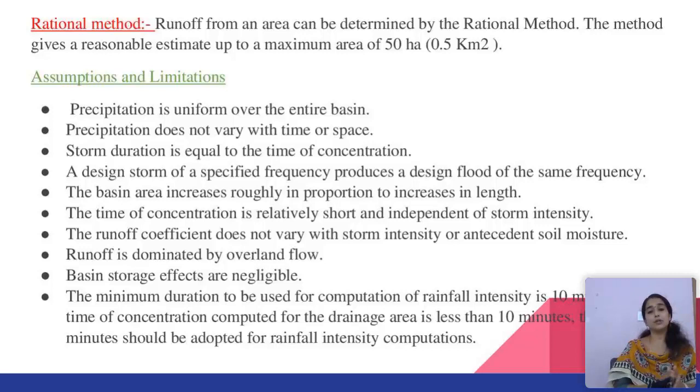That is, the total rain duration is equal to the time of concentration. We are going to discuss the details of time of concentration in the coming slides, so you can understand the term at that time. It is referred to as TOC, time of concentration. Actually, it is not the same as the storm duration.